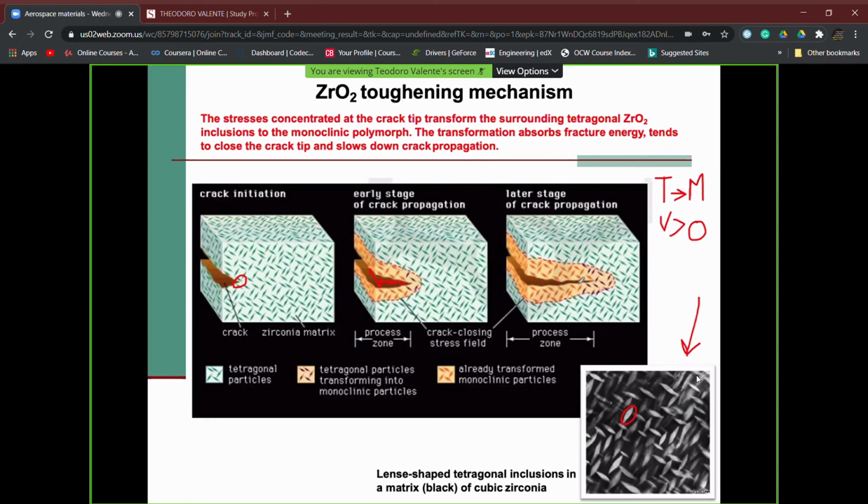And thus, the result which is going to follow is that if the length of the defect is going to be reduced due to the transformation, we do have an increased resistance of the material itself to crack propagation. And how do we say this?